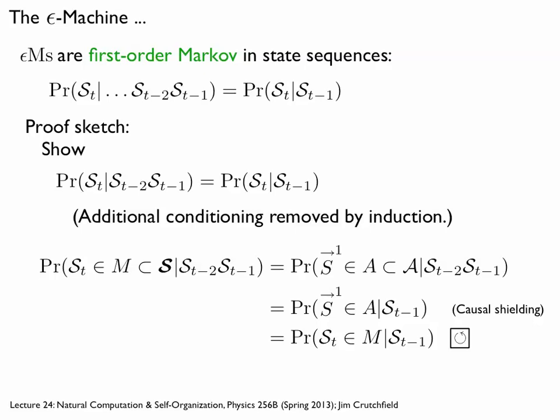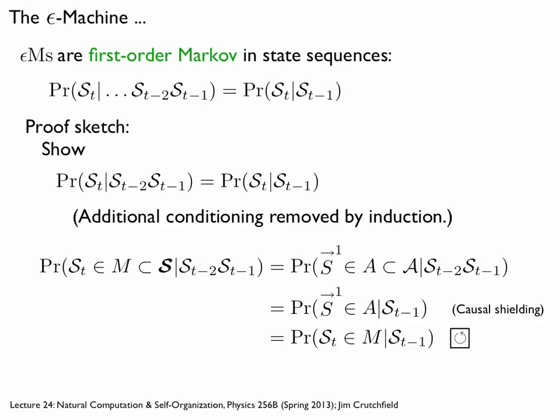So causal shielding at the observed level leads to this order 1 Markov property over the causal states themselves. Okay, so things are simplifying here.